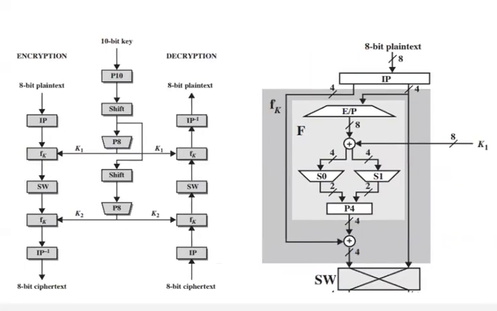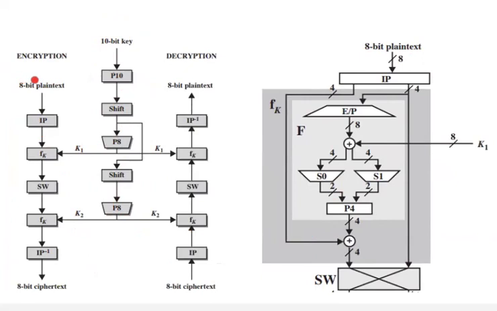So I'll now explain the algorithm in detail. Have a look at this particular algorithm. The middle part is the key generation, where you will find the operations permutation, shift, then shift, permutation. And the left hand side is the encryption algorithm.